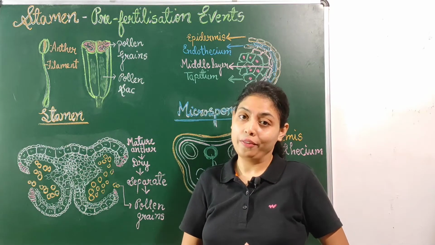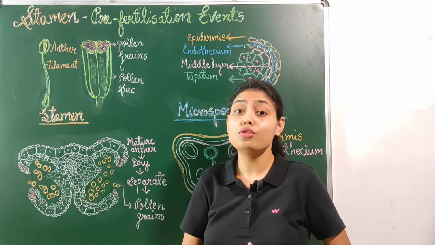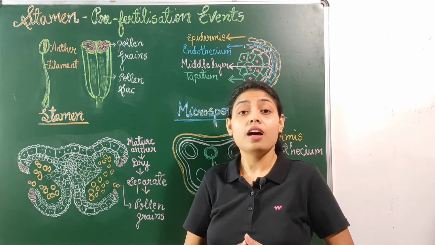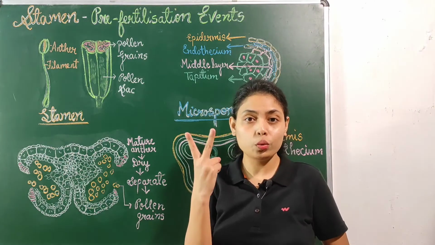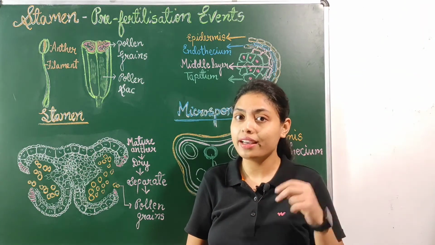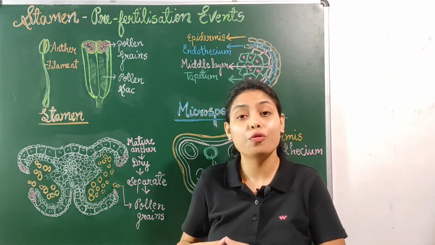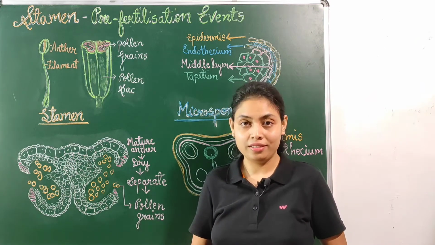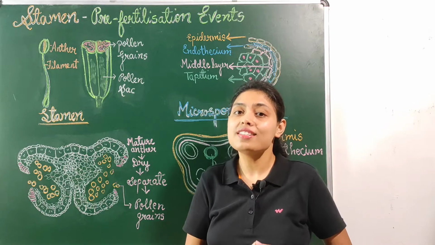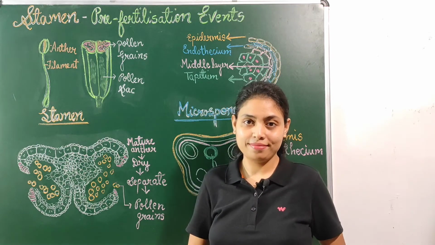Each lobe of anther is further divided into two chambers, or we can say each lobe has two theca. Now one lobe has two theca, another lobe has two theca. 2 plus 2 equals 4. We can say that anther has 4 theca, or anther is a tetragonal structure.